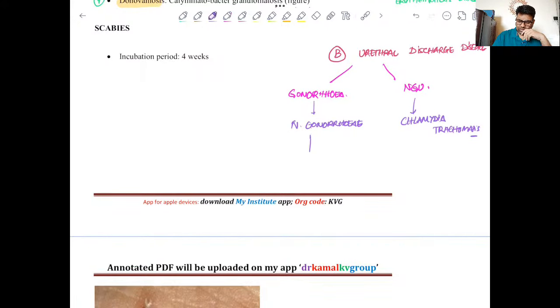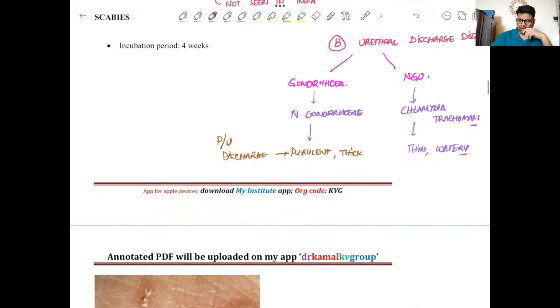The main difference is in the type of discharge. Here we have purulent discharge, right? So this condition presents with thick purulent discharge. If we write about discharge here, this discharge is of course per urethral, through the urethra. Here it is thin, watery. Clear?